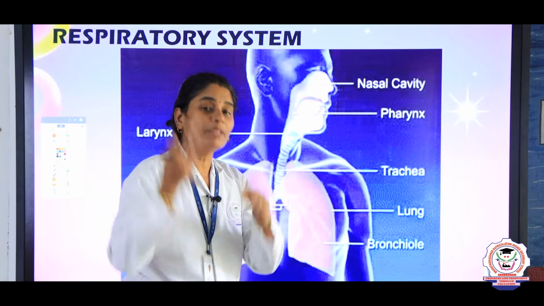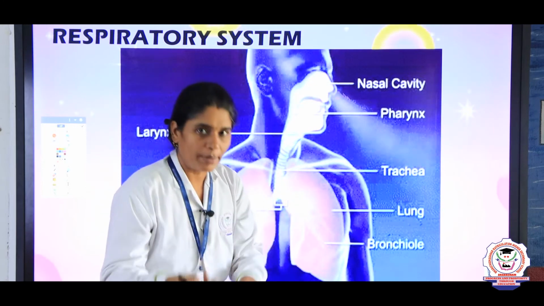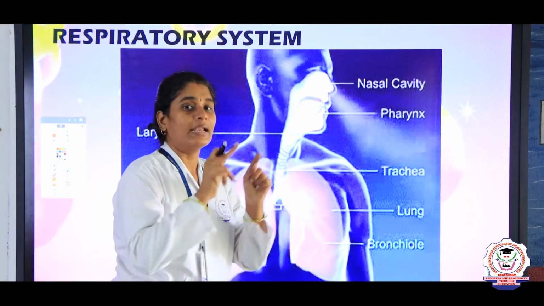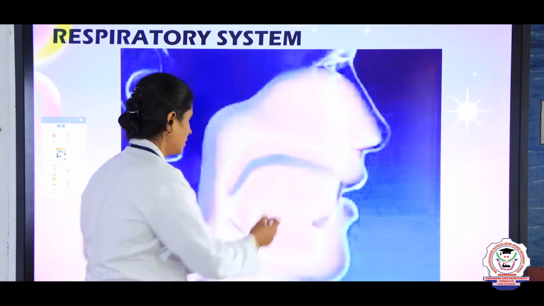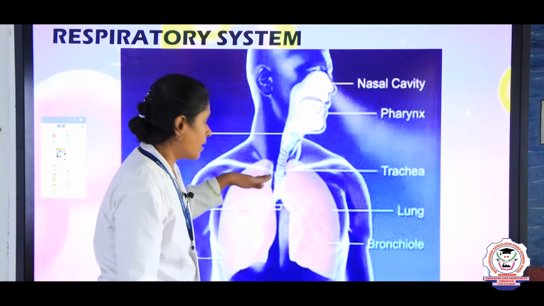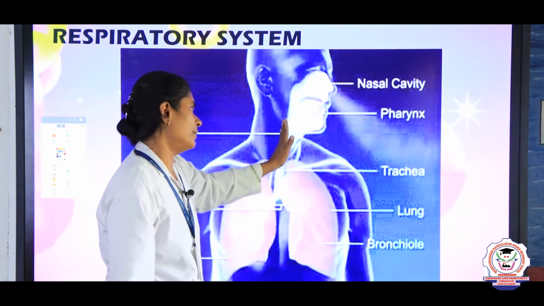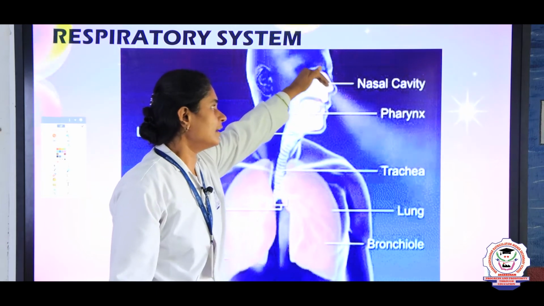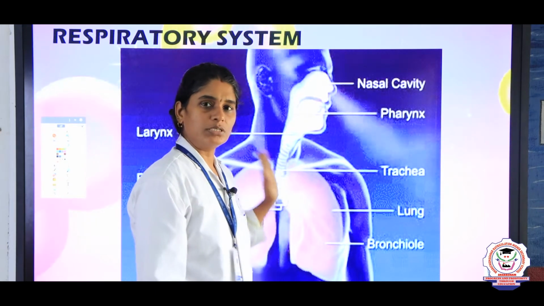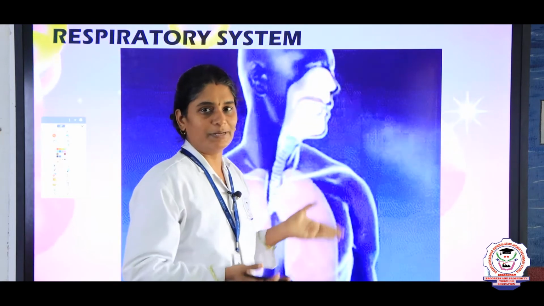From the blood capillary, the carbon dioxide diffuses into the alveolus, then travels through the bronchioles, bronchus, trachea, larynx and pharynx, and is released out through the nose. This is how respiration takes place.